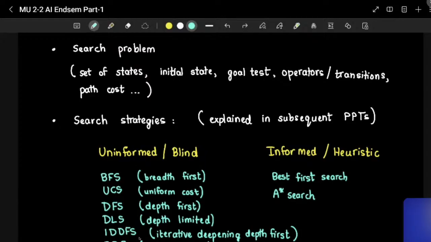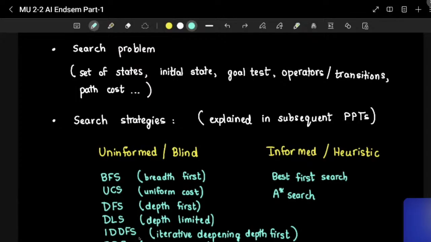And then you'll have these transitions. If you're in a certain state and a certain condition has been achieved, what will be the next state? Those are the transitions. And then path cost is essentially the cost of moving from one state to the other state. So if you're able to take a problem and define all of these aspects, then you will get your search problem.